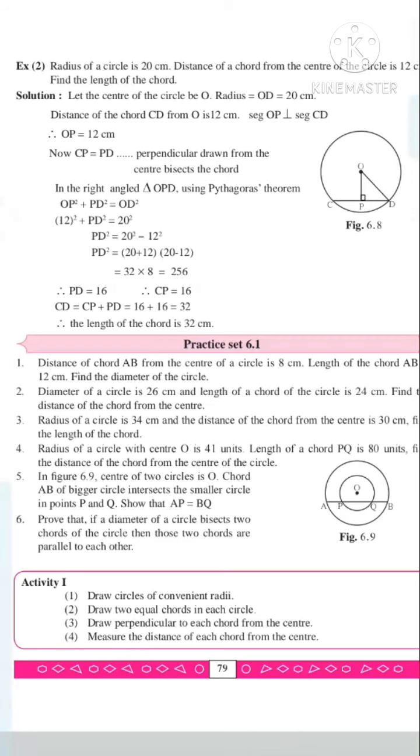Now if PD is 16, CP will also be 16. But don't think that 16 is your answer. Here what is asked is the length of the chord. What you have got is half the length. You have to add now. So the length of the chord is CP plus PD, that is 16 plus 16, 32 centimeters. Understood all of you?